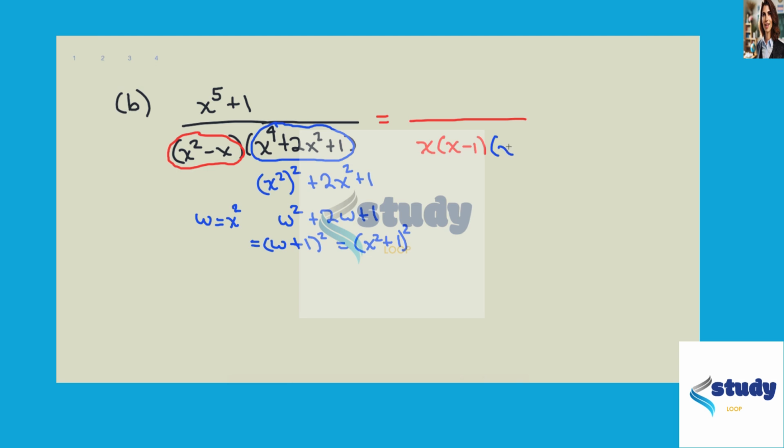So we have an x squared plus 1 squared down there. And our numerator is still just x to the 5th plus 1. We're almost done here. The last thing to do is to look at this quadratic that's being squared and see whether or not this thing factors.